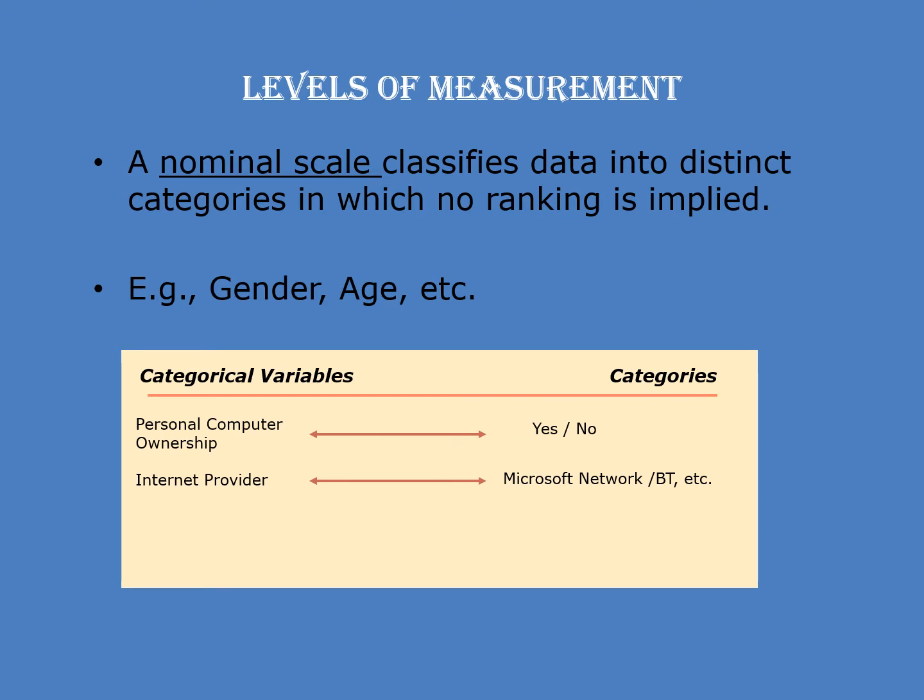A nominal scale, related to levels of measurement, classifies data into distinct categories, wherein there is no implied ranking. So for example, there may be some context around gender, age, etc. But no ranking, no ordering is implied as part of a nominal scale.